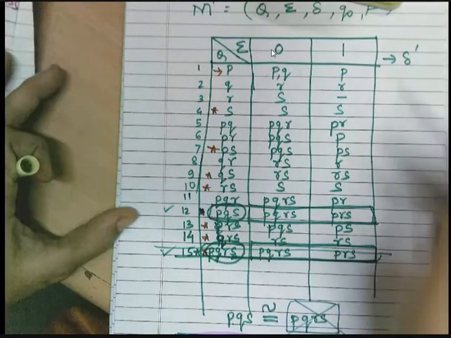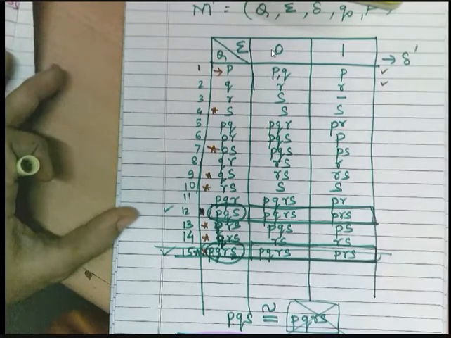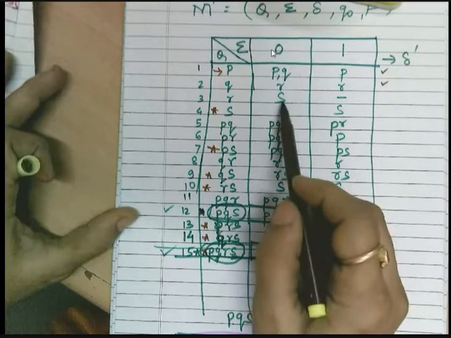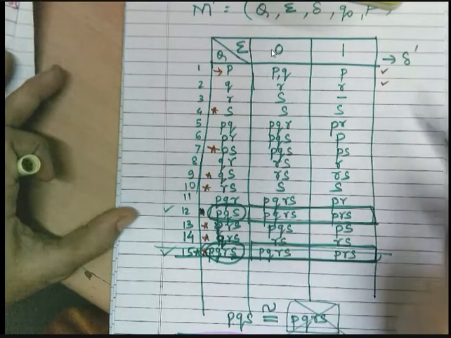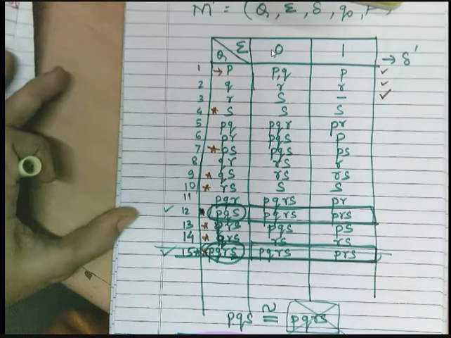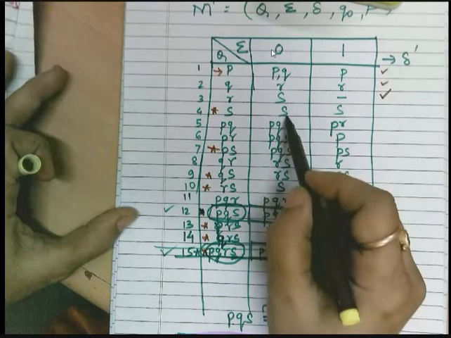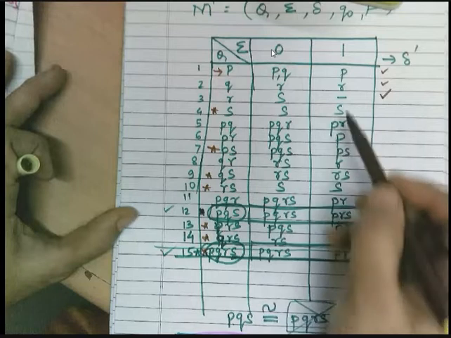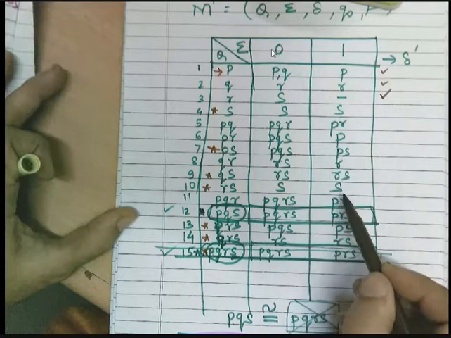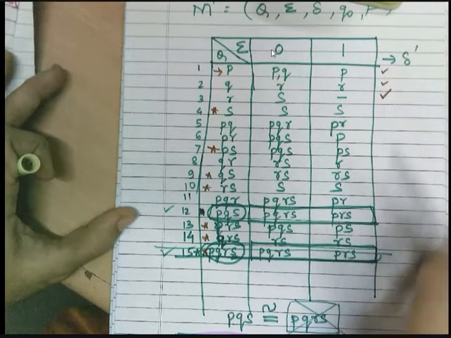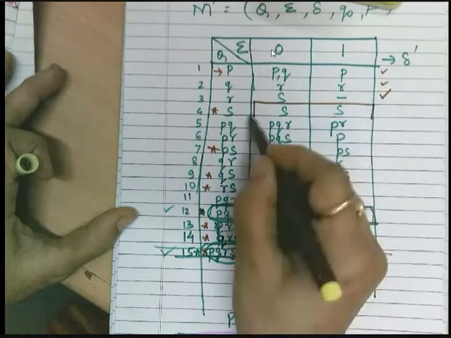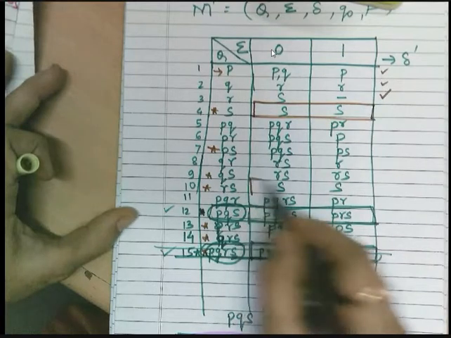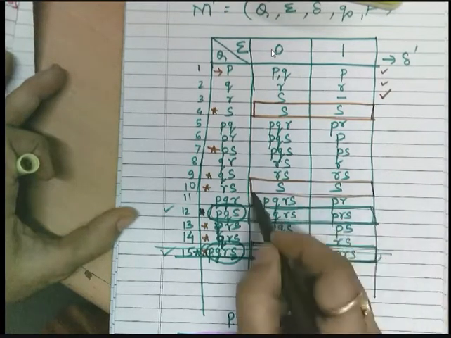Nowhere, so this is also required. Next, S dash, again not found, so this is also required. Next, SS. Yes, we find the same combination as S here, at this particular position.